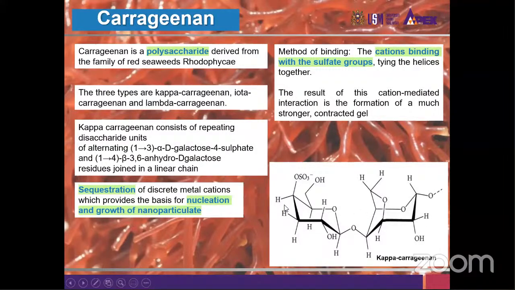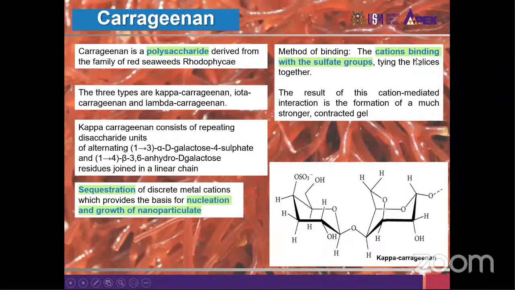So those functional groups here can sequester discrete metal cations that can provide the basis for nucleation and also growth of the nanoparticle. So what is the method of binding?